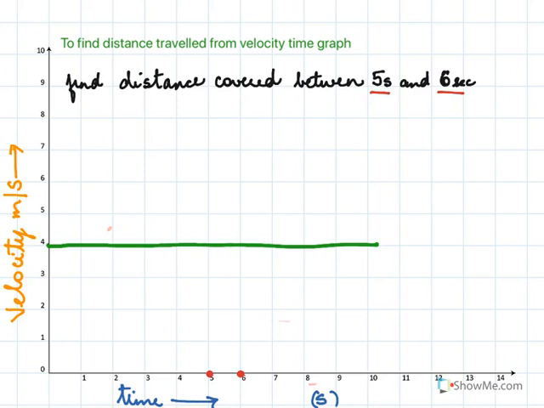First I have to draw my rectangle or square, whatever it is. This goes right up to the velocity time graph till here. Now this area will give me my distance, the area enclosed between 5 and 6. To find the area, I need length into breadth.